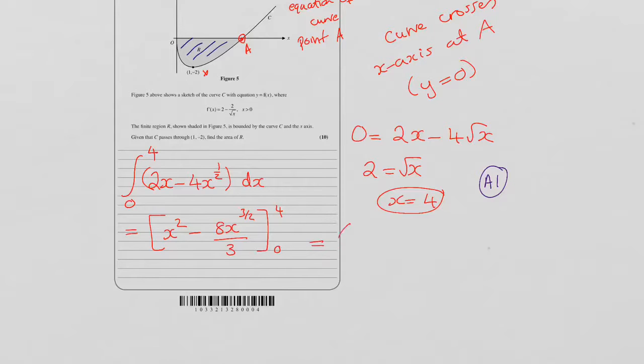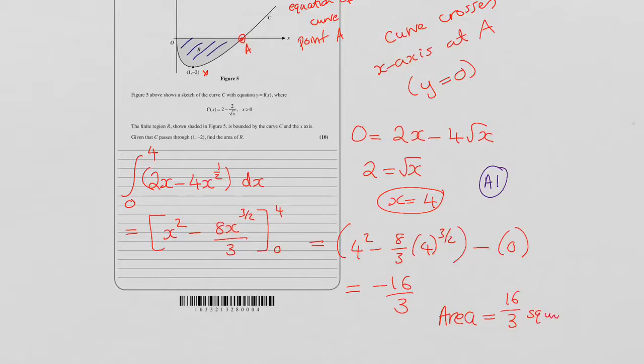If I plug in the 4, this is what I get. Take away, if I put 0 and I just get 0. That all comes out to be negative 16/3. Obviously it can't be negative. It's negative because it's below the axis. So our answer is 16/3 square units.